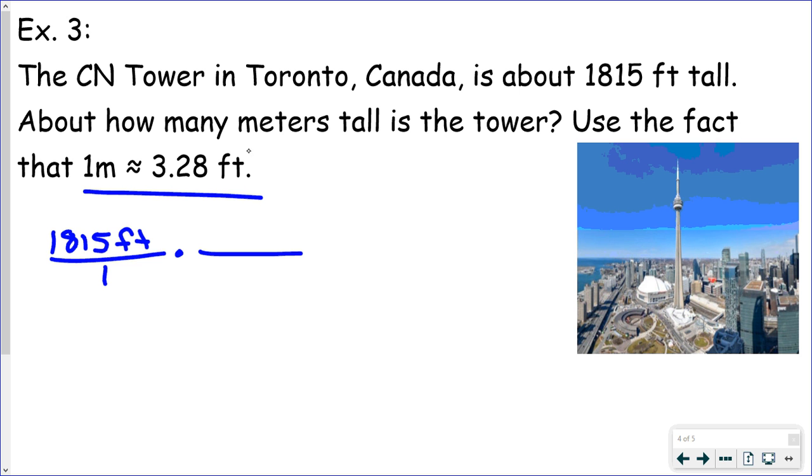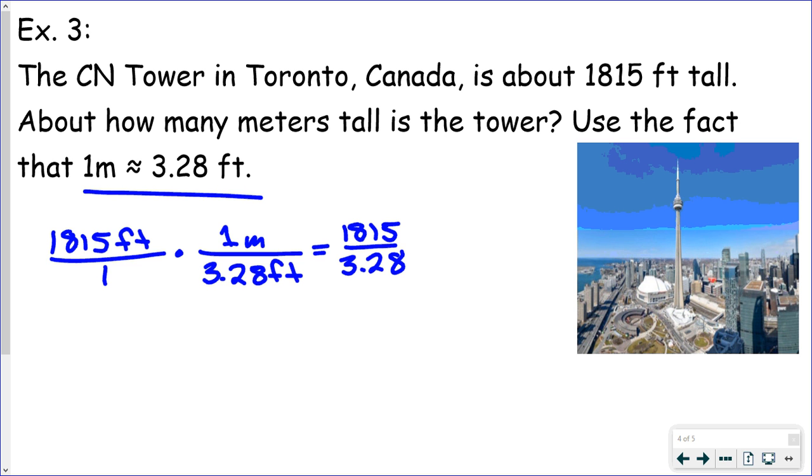Feet up top, so this feet needs to go in the bottom. And the whole point of this is now this lets me know that I'm not going to multiply by 3.28, I'm going to divide by 3.28. So you multiply straight across, you get 1,815 divided by 3.28.